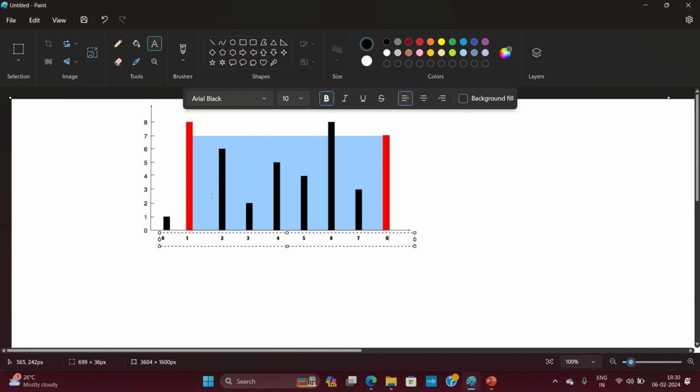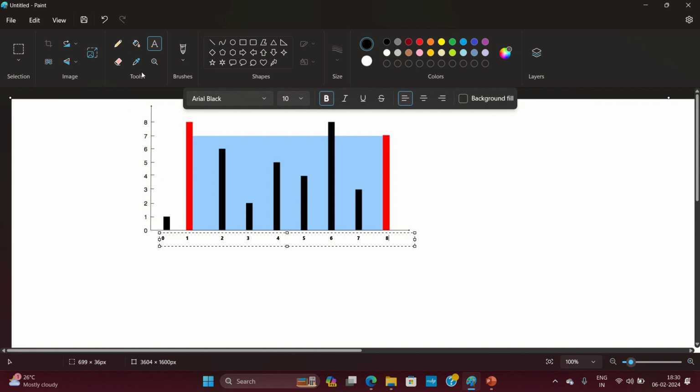Now, if we pour water between index 0 and index 1, among the two slabs we consider the minimum, because if we pour more water, the water will overflow this portion.